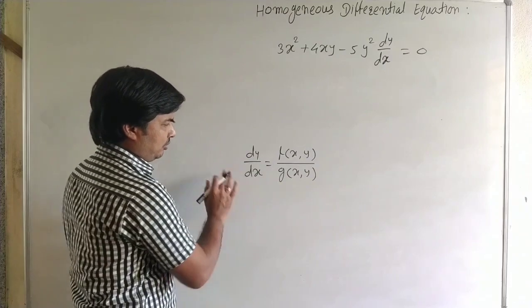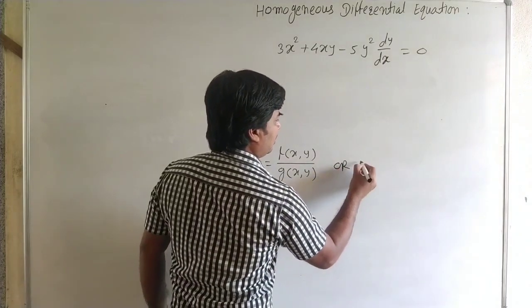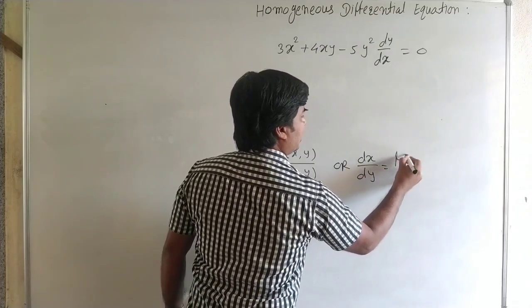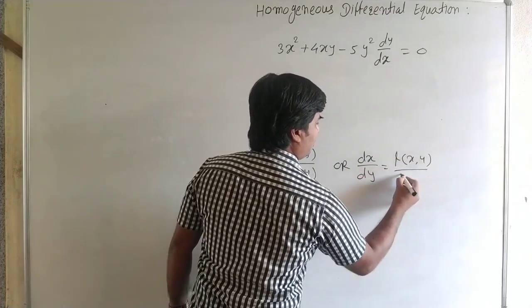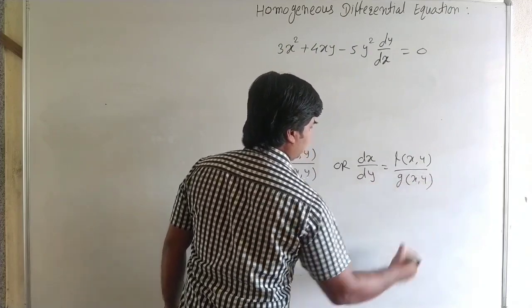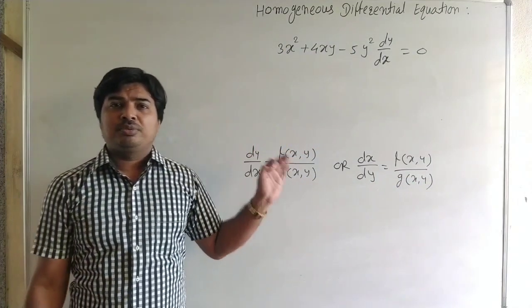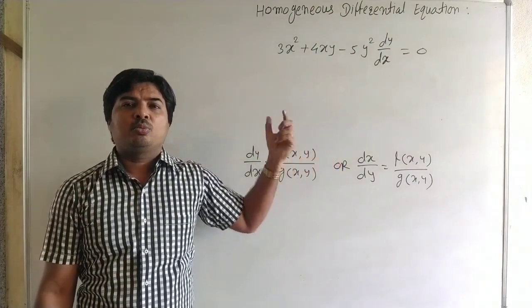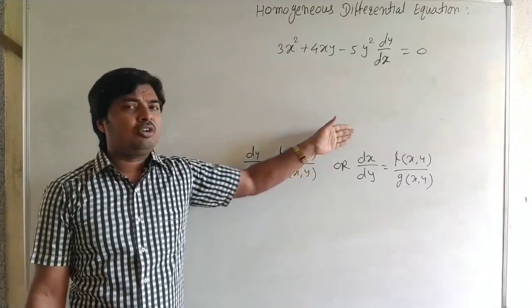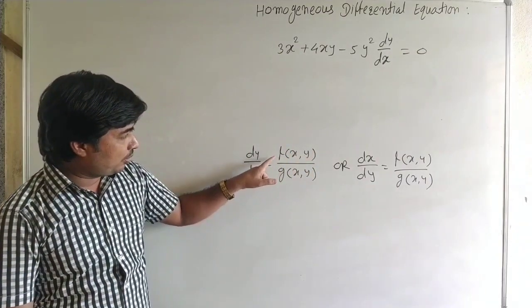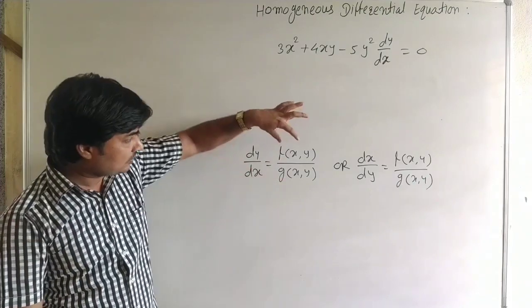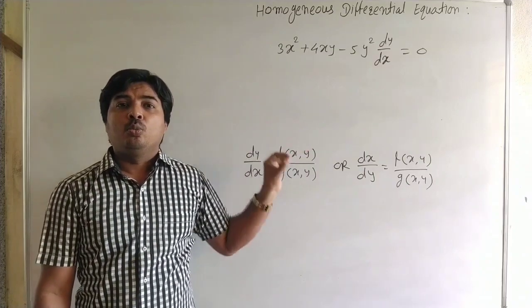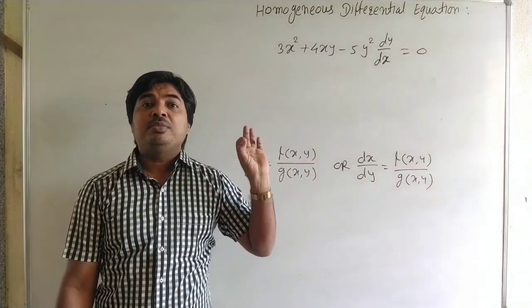Or we can also write dx by dy equal to f of x comma y upon g of x comma y. We can write any one form of the differential equation, whichever is easy for solving the example, dy by dx or dx by dy.